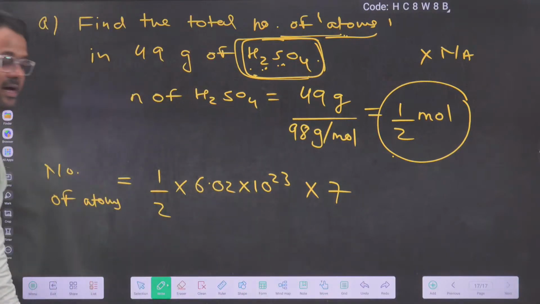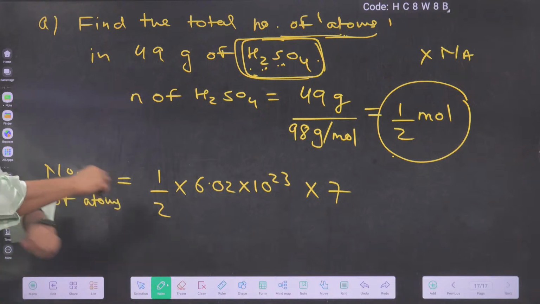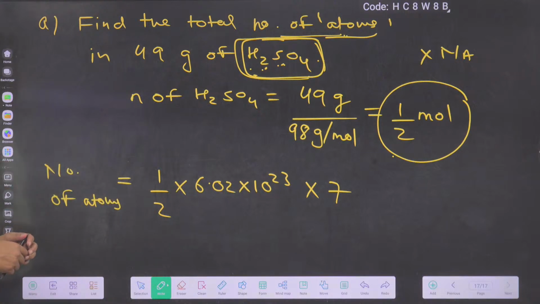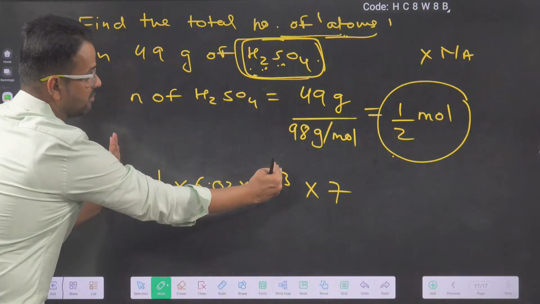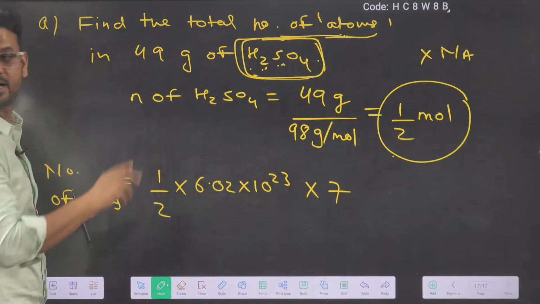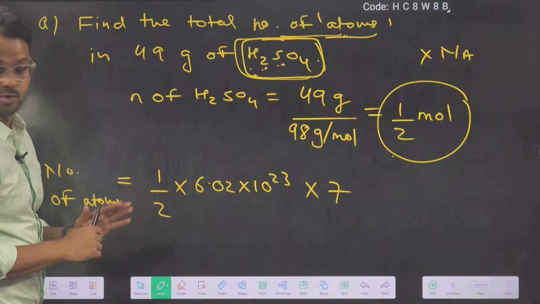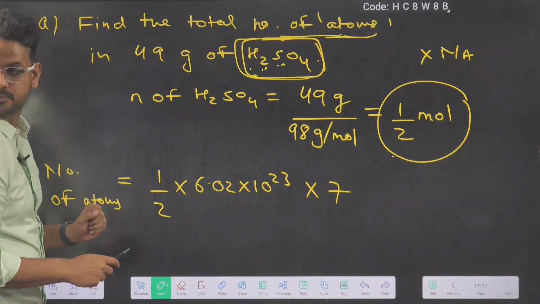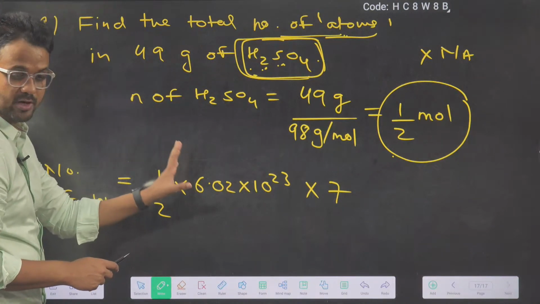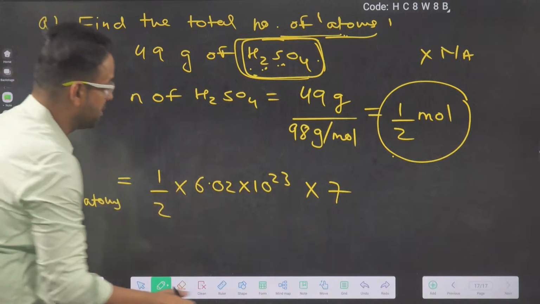Half into Na is the number of molecules only. And every molecule has 7 atoms, so we multiply by 7.